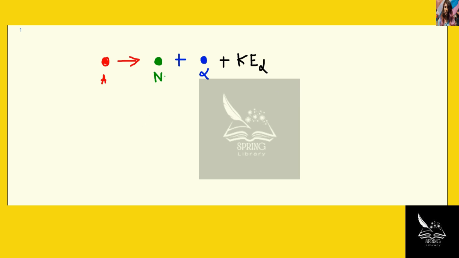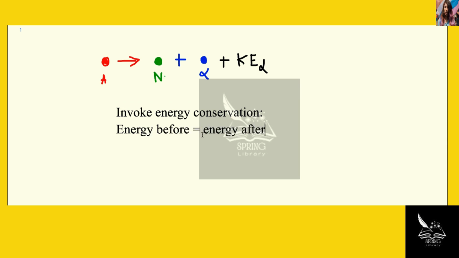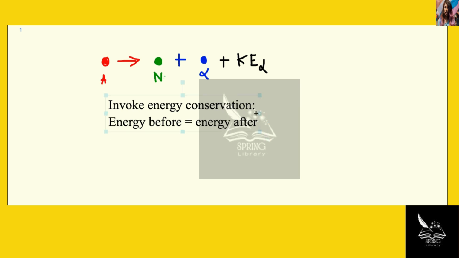So the way to make sense of this all is very simply to invoke energy conservation, which means energy before has to equal energy after the whole splitting process, right?